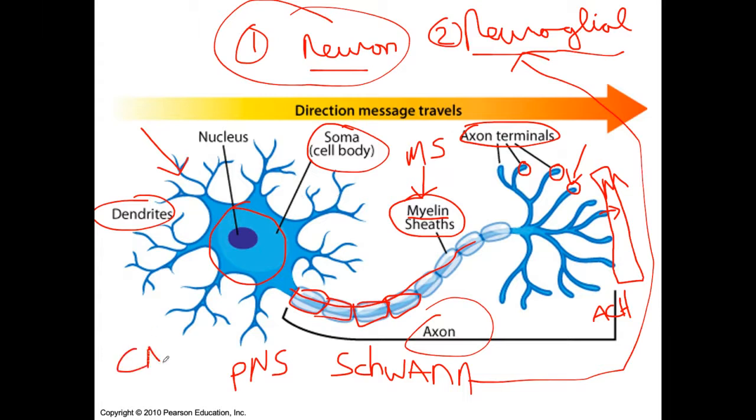And the oligodendrocyte does the exact same thing as the Schwann cell, except it does it in the CNS. Oligodendrocytes myelinate in the central neural system. So they produce myelin around the brain and around the spinal cord, whereas Schwann cells produce myelin in the peripheral neural system.